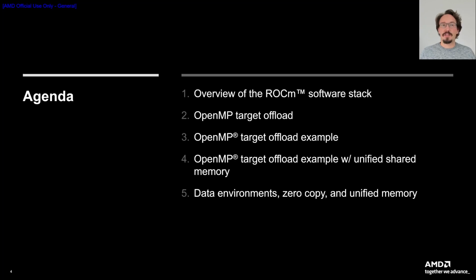We then extend this program with the OpenMP language feature called Unified Shared Memory and the differences of what happens at runtime. And finally, we take a closer look at the desired behavior and how the new zero copy feature of the AMD ROCm OpenMP implementation helps on the upcoming AMD MI300A APU.